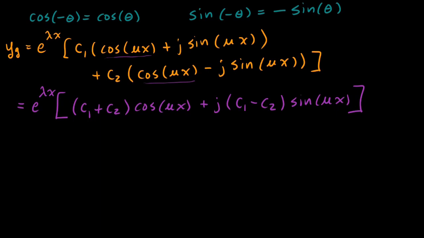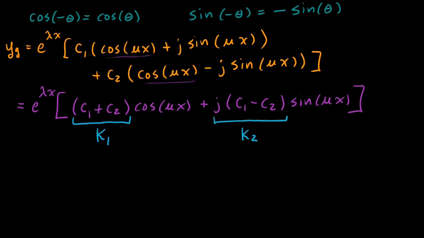Okay, so I've reduced this down a little bit, and now I'm going to make a substitution here. So for the C1 plus C2, I'm going to just call this some other constant K1. And then for the j times the quantity C1 minus C2, I'm going to call that K2, because remember, as we go along here, these C1 and C2 terms are just arbitrary constants, right?